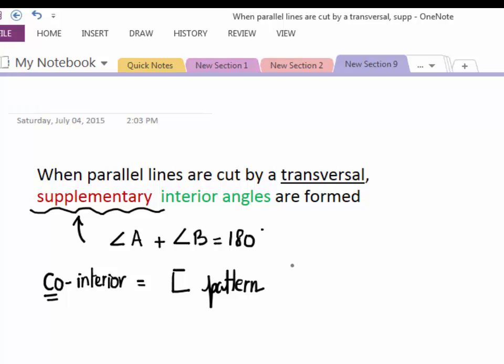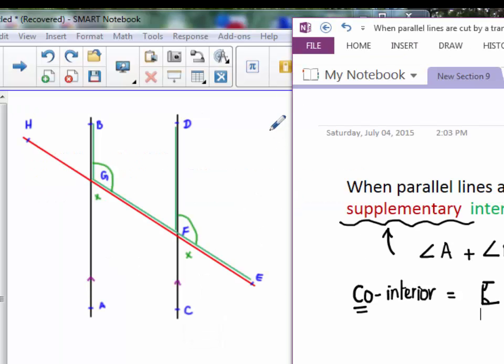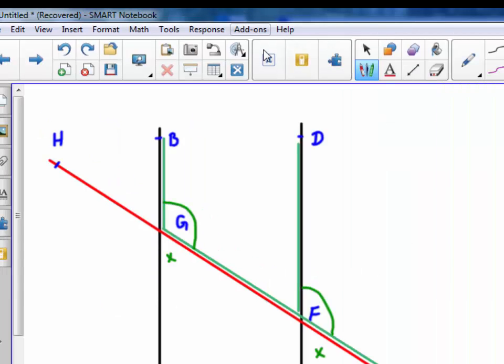And this C pattern could be this way, or this way, or this way, or this way. All of them are C, and these are the two angles.